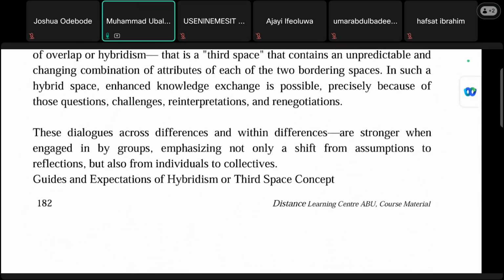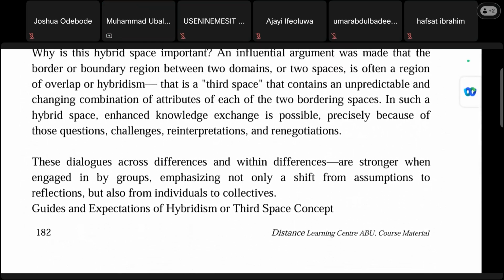Now, it has key features. Number one is that it exists between users and developers within the same domain, and it encourages knowledge sharing as well as mutual learning, and it promotes dialogue, negotiation, and reinterpretation. Now, some of its benefits include emergence of new ideas from collaborators, as well as reduced emphasis on authority.